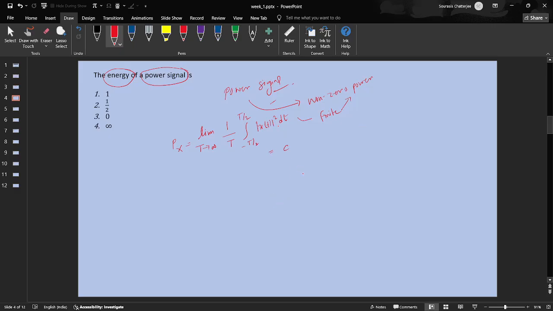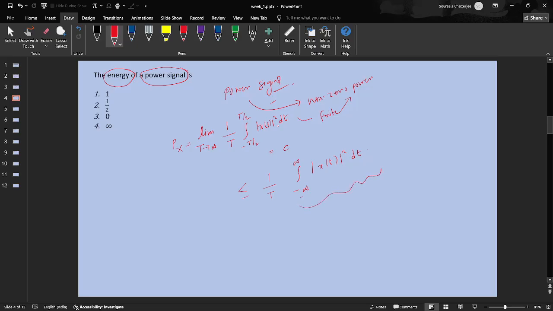So we can make a similar argument. We have already written this expression here, and this is less than 1 over T times the integral from minus infinity to infinity of x(t) squared dt. Remember, this is always going to be greater than that, because here the interval is between minus T over 2 to T over 2. Here I am considering the entire duration from minus infinity to infinity.